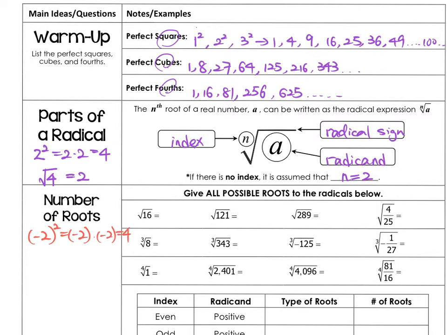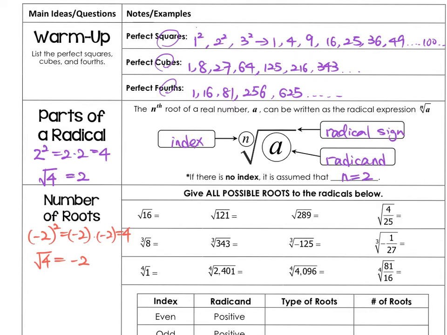So these two have the same answer. Therefore, square root of 4 should also equal negative 2. So in other words, when I take a square root, I should have 2 answers, a positive number and a negative number. In fact, that is true for any kind of radical expressions with an even index. So square root, 4th root, 6th root should all have 2 answers.